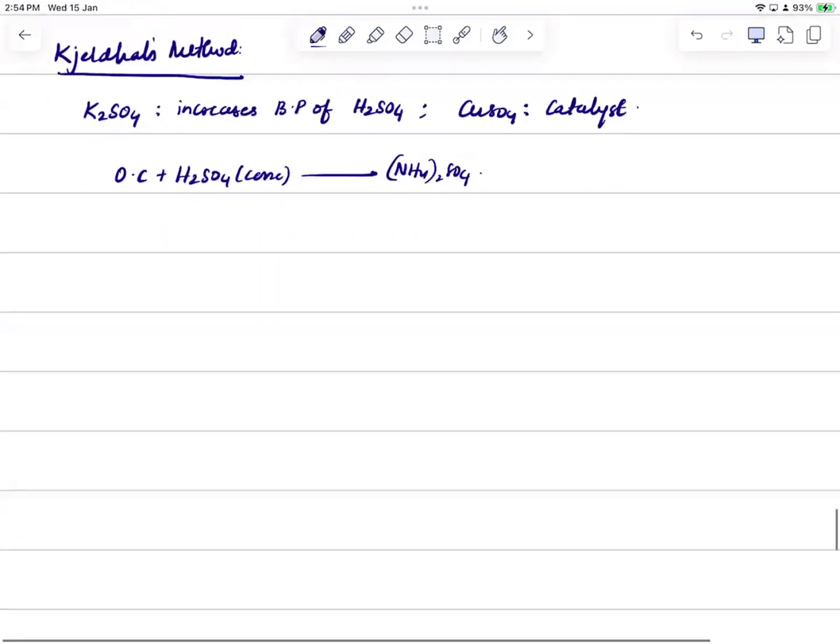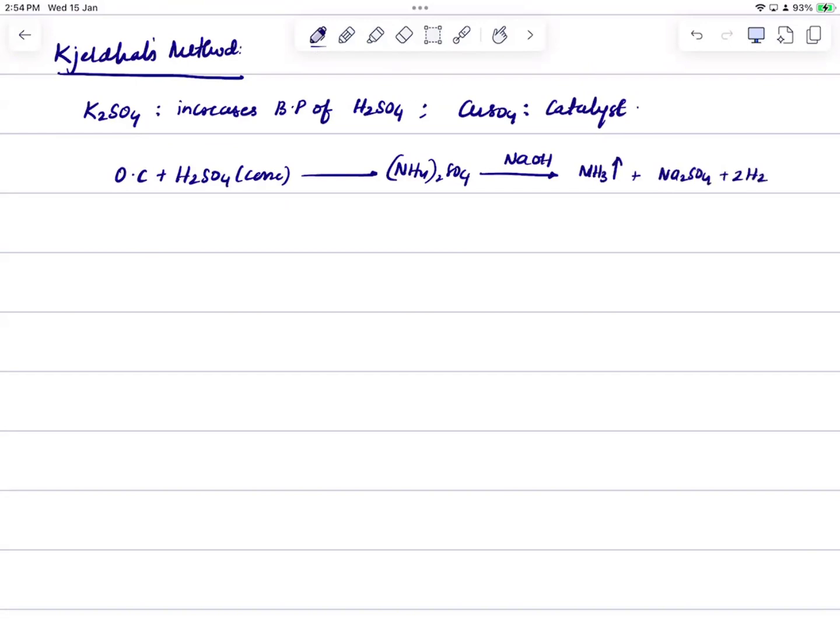Then we add NaOH on this so that ammonia gas can be evolved. The NaOH which is left over is again treated with H2SO4, so that the rest becomes Na2SO4 plus H2O.